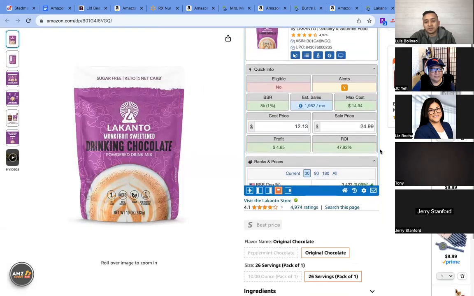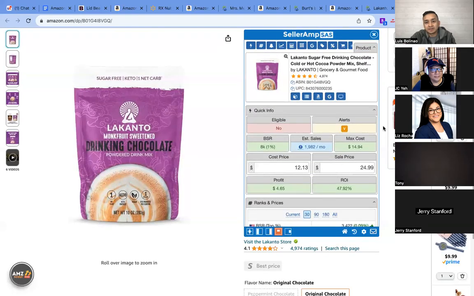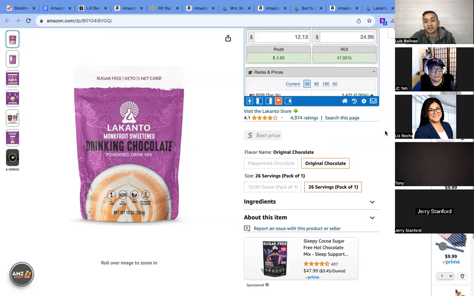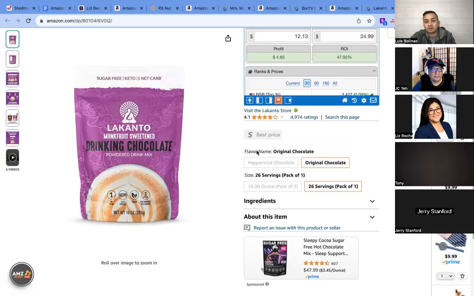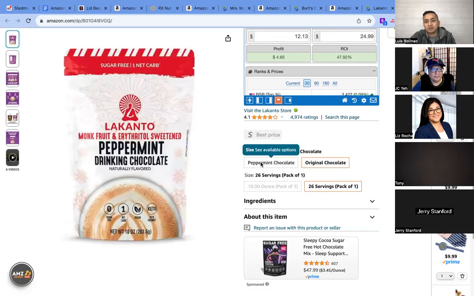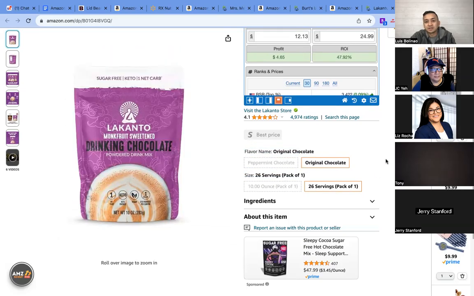So this one needs an extra step because it's a variation. Variation meaning same product with different flavors and different variations, right? So for example, this one I think has 4 variations. So chocolate and peppermint and in different sizes.